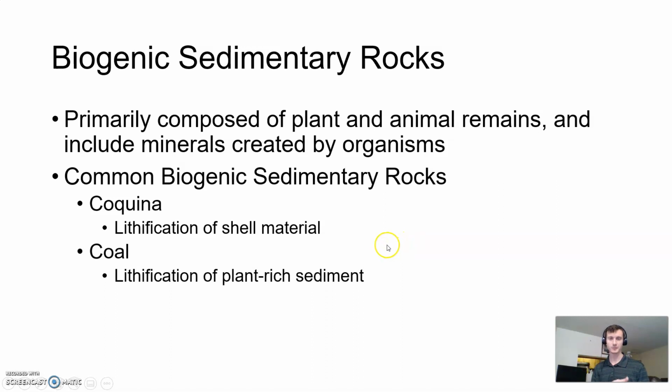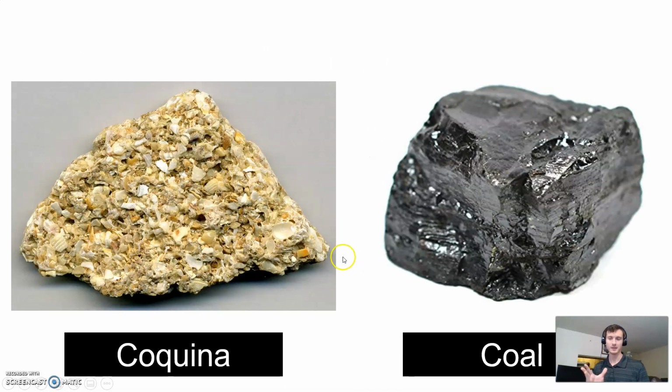We have layers of plant material which are laid down at the bottom of bodies of water which don't move all too much and get buried without too much bothering. There's nothing there to disturb it. It might look like this. So even if you knew nothing about geology, you look at this, you might think, okay, we have little bits of shell which somehow, someway have been stuck together by a little bit of rock glue, a little bit of binding agent here to make this rock.